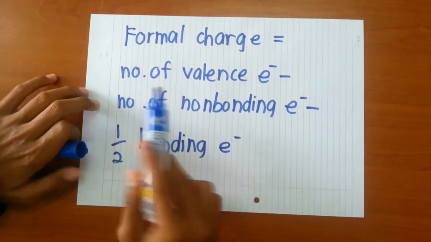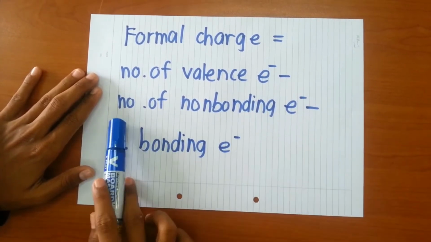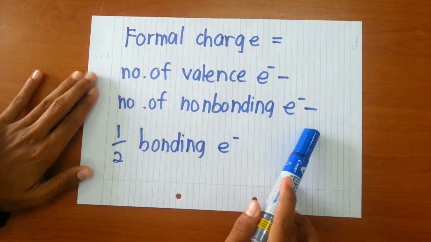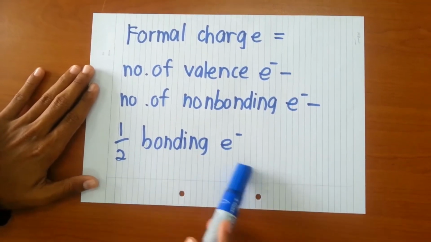Formal charge can be calculated by the number of valence electron in an atom minus the number of non-bonding electron and minus half of bonding electron.